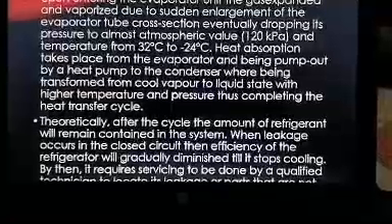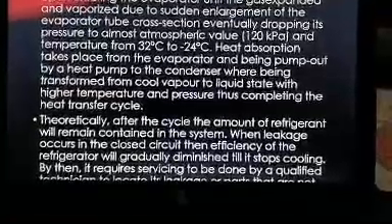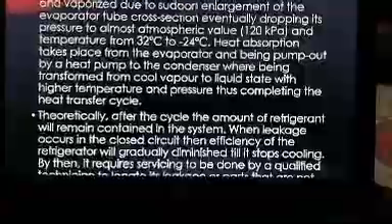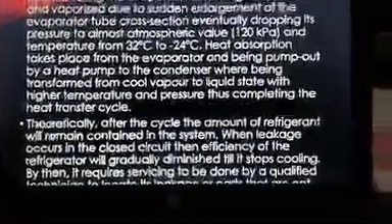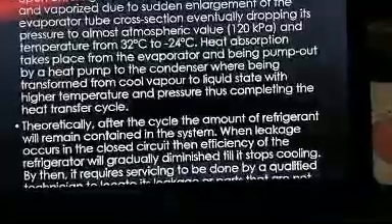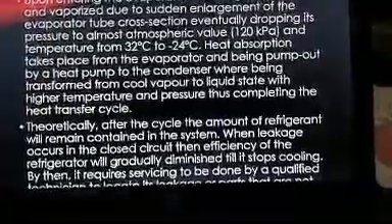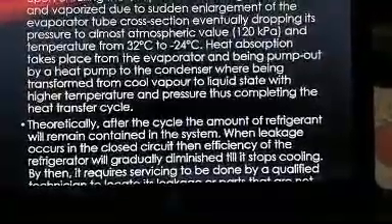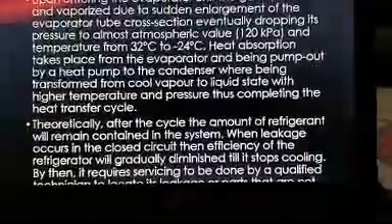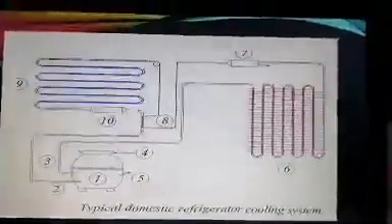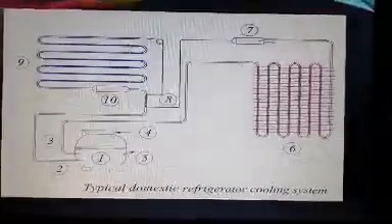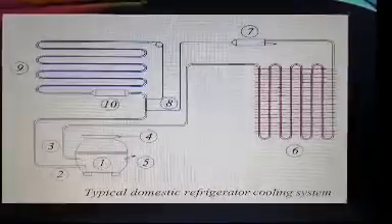By then, it requires servicing to be done by a qualified technician to locate the leakage or parts that are faulty. Okay, now we look at the typical domestic refrigerator cooling system.